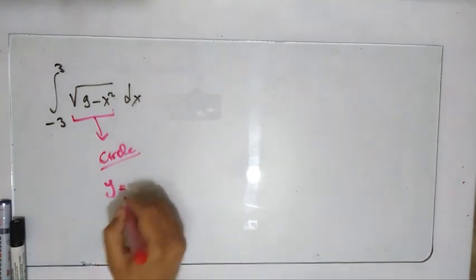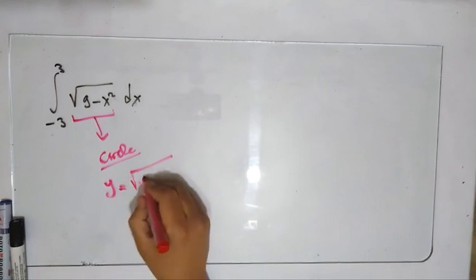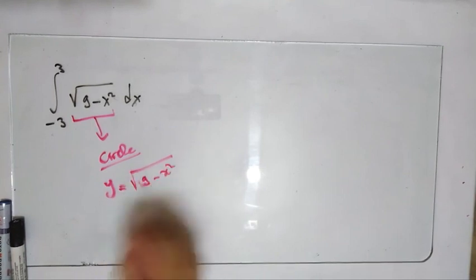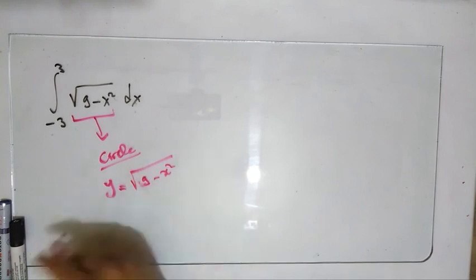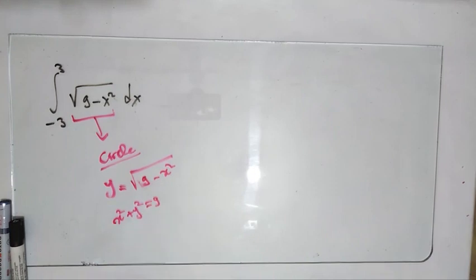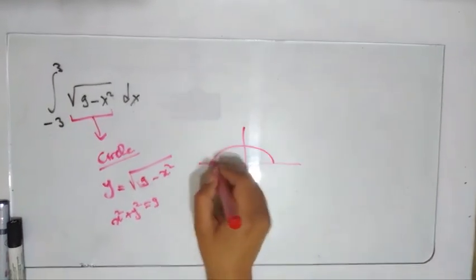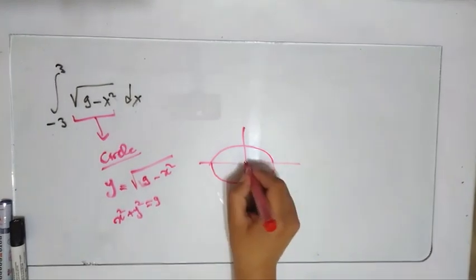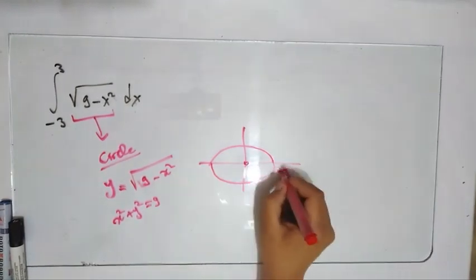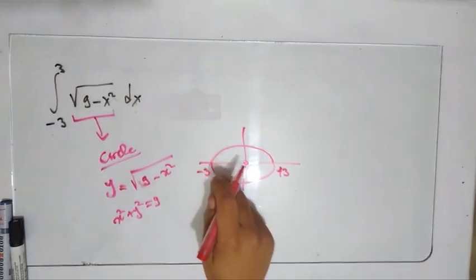If you write y equals square root of 9 minus x squared, you can square both sides and get x squared plus y squared equals 9. If you graph it, you will have a circle centered at 0 with radius 3, but since this square root is positive, we deal only with the upper semicircle.